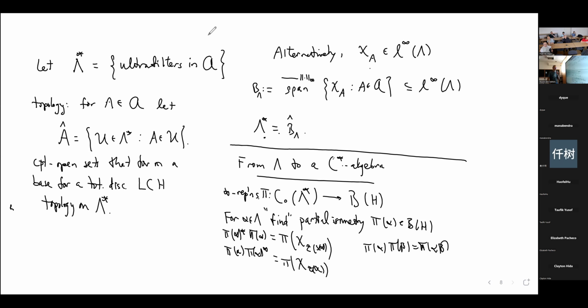So the issue is that there may be representations that are not weakly contained in the left regular representation. So to get a universal C-star algebra, in general, it will be bigger than what we get just from the left regular representation.